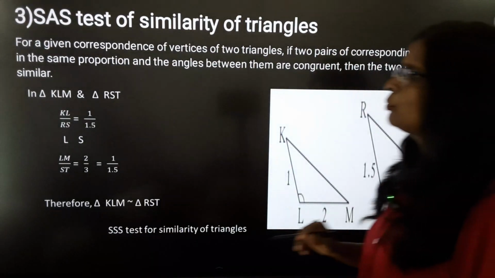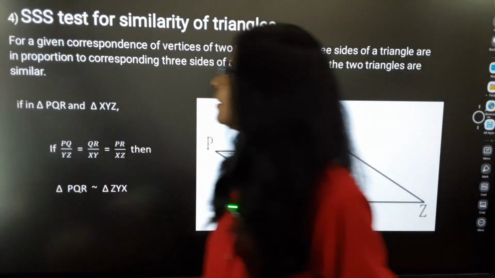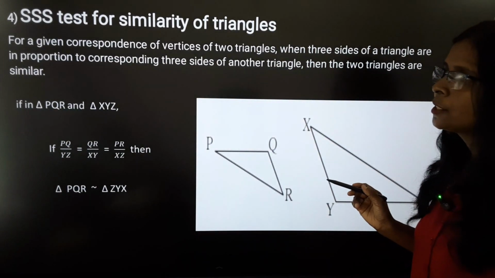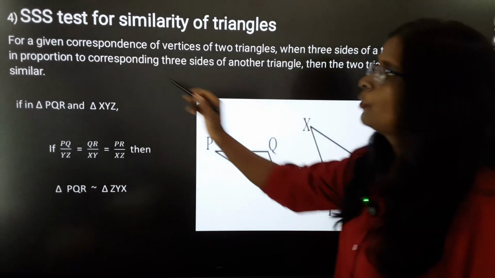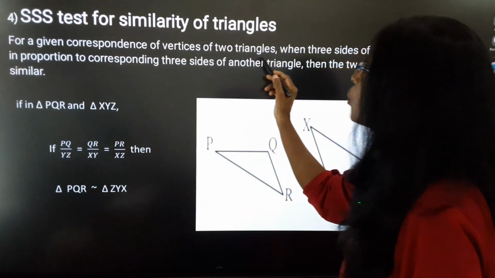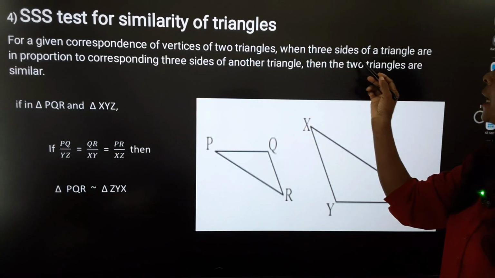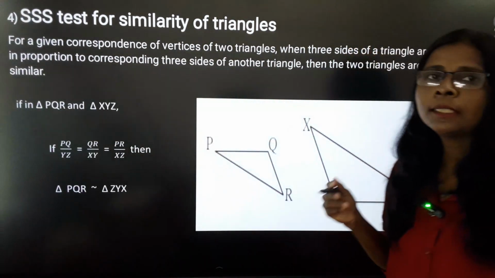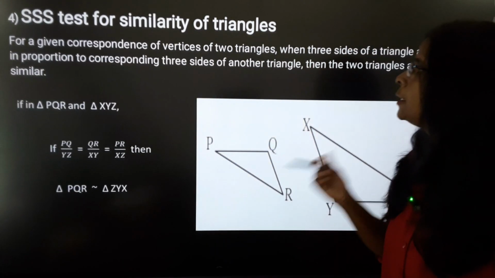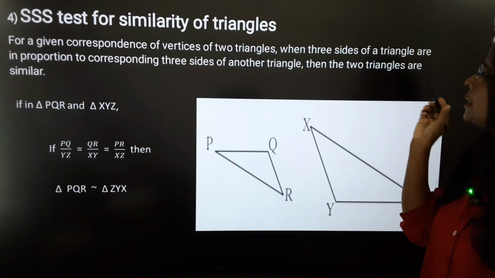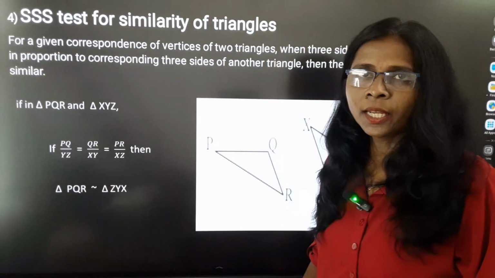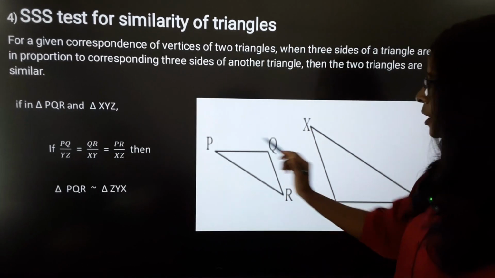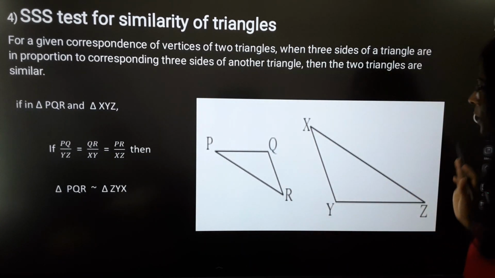Now the fourth test, the SSS test for similarity of triangles. This test says that for a given correspondence of vertices of two triangles, when three sides of a triangle are in proportion to the corresponding three sides of another triangle, then the two triangles are similar. For this purpose we draw two triangles, triangle PQR and triangle XYZ.